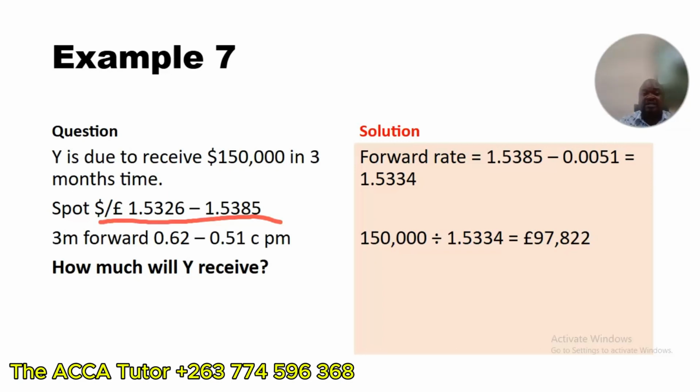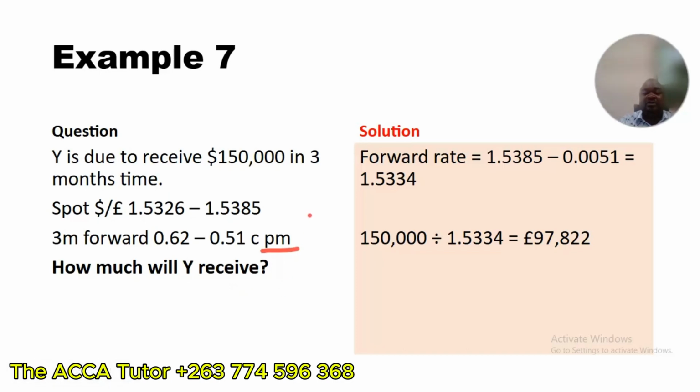3 months forward is 0.62 and 0.51 cents premium. Okay, so the PM you are seeing is actually the premium.